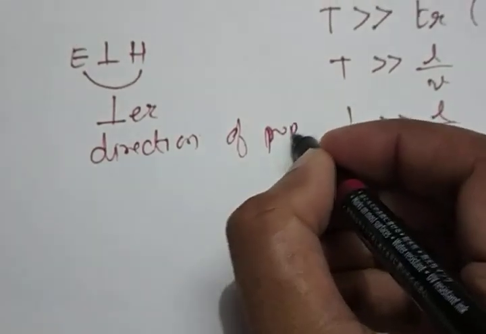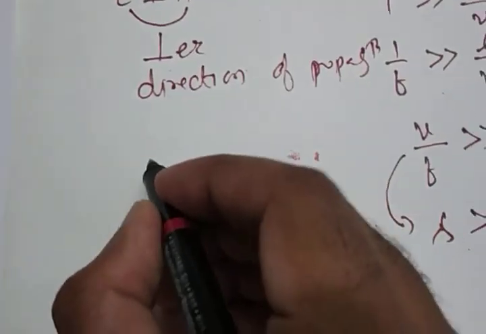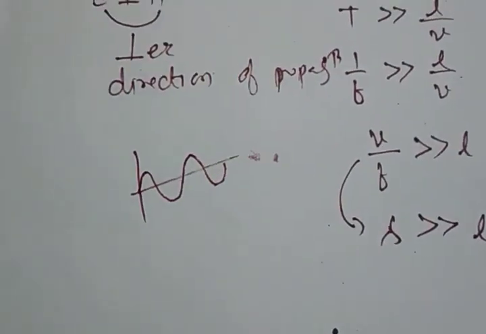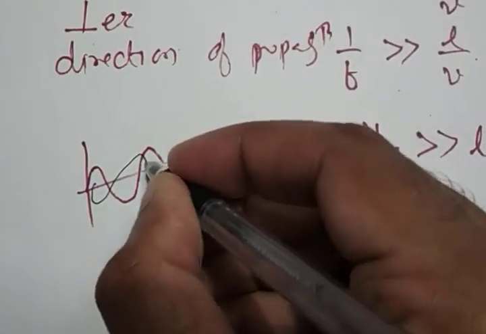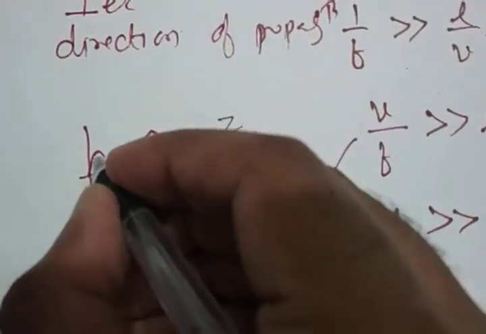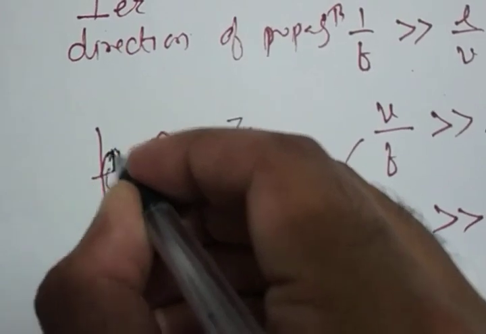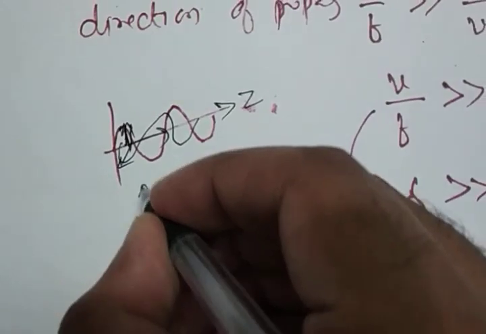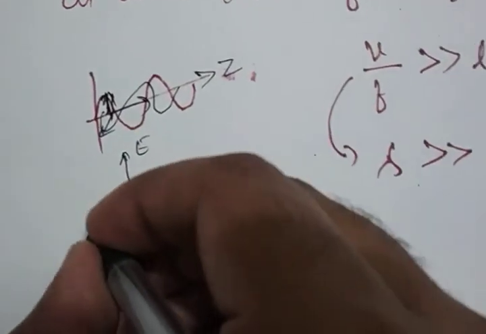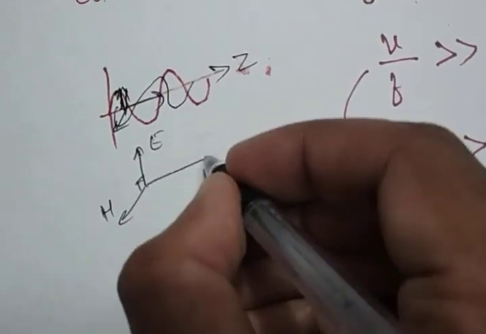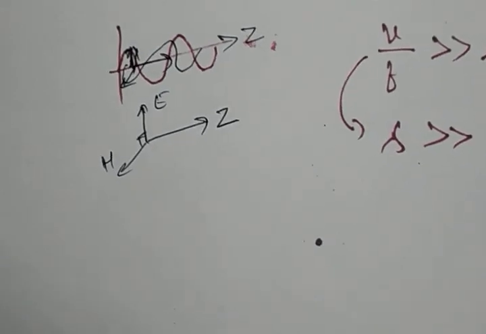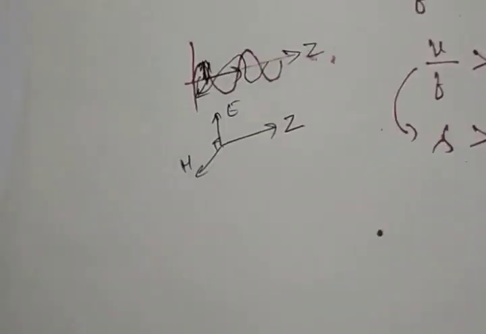We have seen in the waves chapter that if our wave is traveling, we have an E component and an H component, and if they are traveling in the Z direction, E will be perpendicular to H, and all of them perpendicular to the direction of propagation. The same thing is applicable for the transmission line.